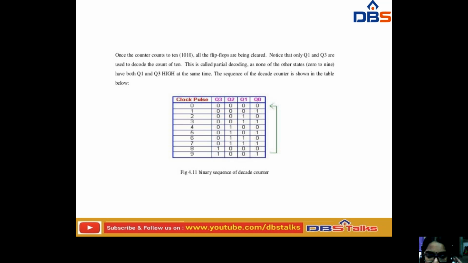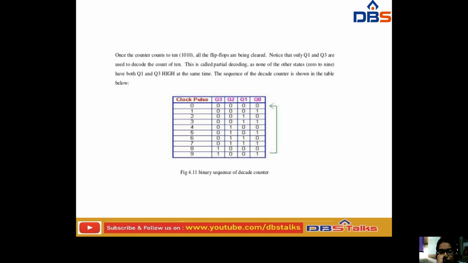So if you have observed this binary sequence of the decade counter, this is the clock pulse that is going to be generated here. And again, if you have observed all these clock signals, if it is clock pulse 0, obviously the output will become 0.